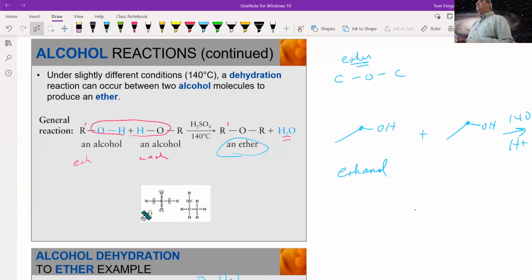Now, I normally say that when you're synthesizing something, the backbone remains the same. So if you're synthesizing something with a 5-carbon backbone, you need to start with something with a 5-carbon backbone, except ethers. Because ethers, you're adding molecules together. So there, you have to look at each side of the ether backbone-wise, and that's what you start with.